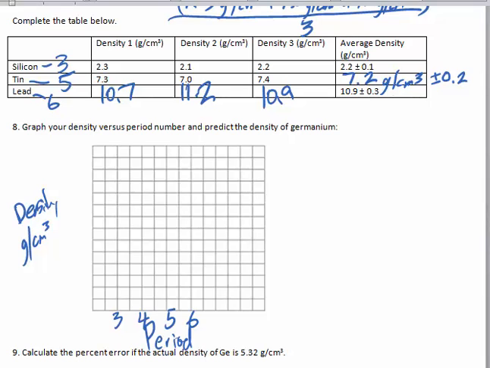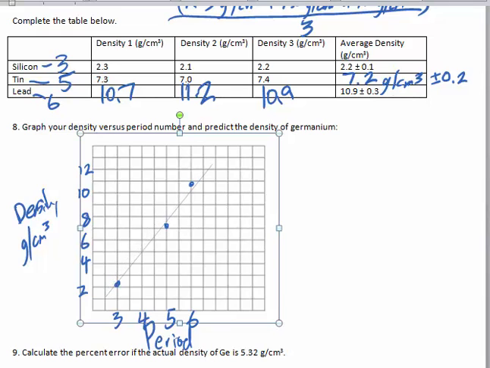And you notice that the densities that you're graphing here, the average ones, the highest number is 10.9. So I'm going to make sure that I am able to graph everything within this piece of graph paper. So I'm going to put these numbers in for these 3. And once you do that, you should draw a line which fits through these points.